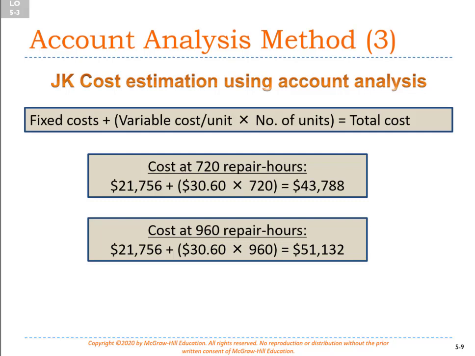And then if we want to estimate going forward, we're focused on the past, but hopefully the patterns that we're establishing in our account analysis are going to continue into the future. If that's the case, then we can calculate the cost at 720 repair hours, 960 repair hours, based on our variable cost per hour times the number of hours plus the fixed costs.